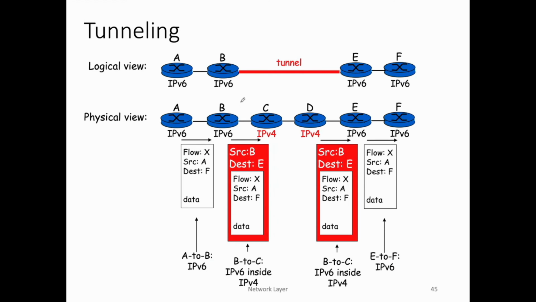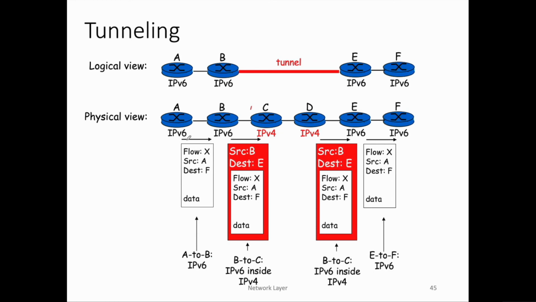So this means the router B will not be including many of the header options of IP version 6. The problem with the dual stack implementation is that we might lose many of the header details, like quality of service, type of service, or priority or flow labels. So the other possibility that is represented in this slide is tunneling.